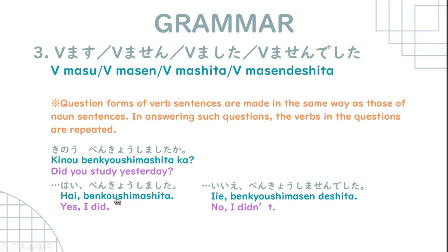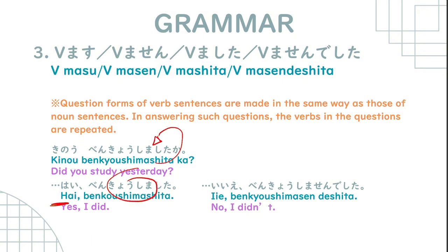So if you answer this, you repeat the verb, but you match the tense, okay? Depending on how you would answer this. Alright, for example, we have はい、勉強しました. So we are repeating the verb that is mentioned in the question. If it is はい, okay, you just repeat it.